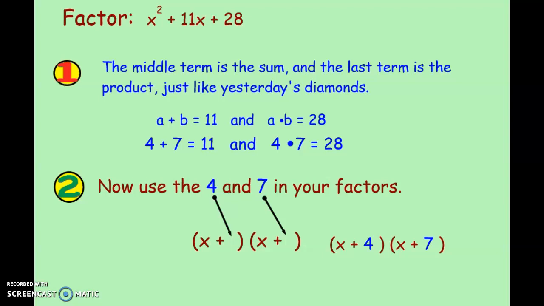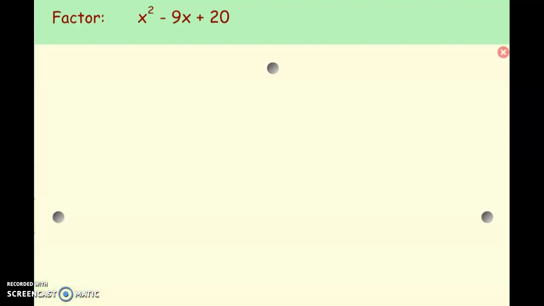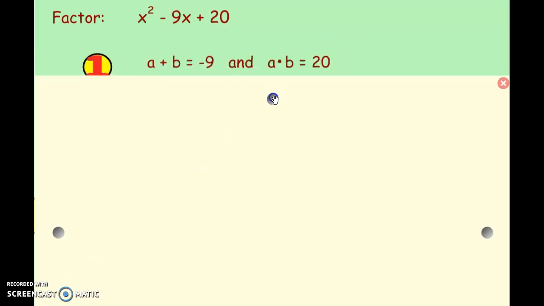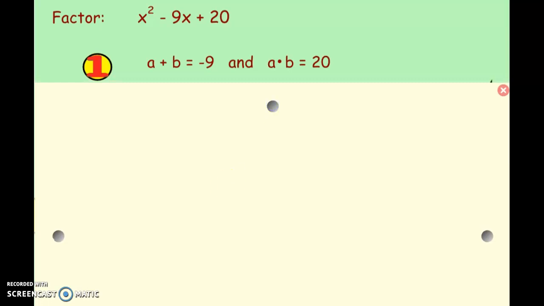How can you figure out whether or not you got the right answer? Just because there's a subtraction sign in there doesn't mean that there's anything different than what we've been doing. Again, what two numbers add together to get a negative 9, that when multiplied together give you a positive 20?